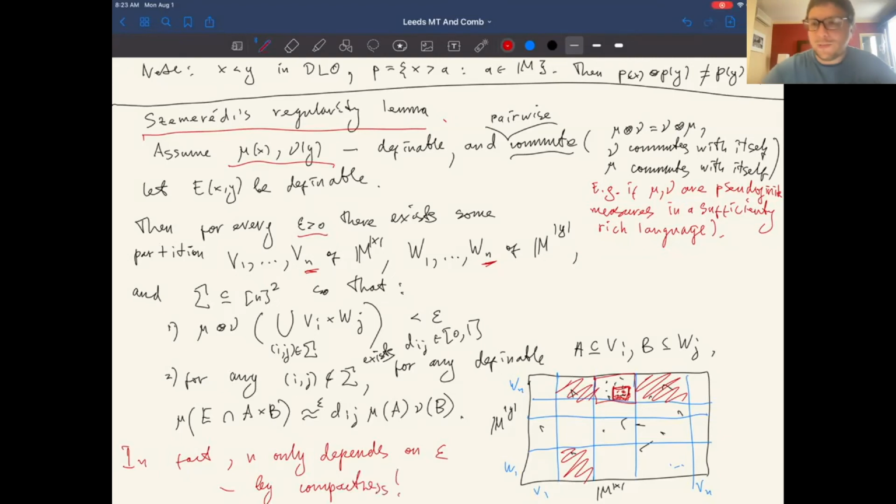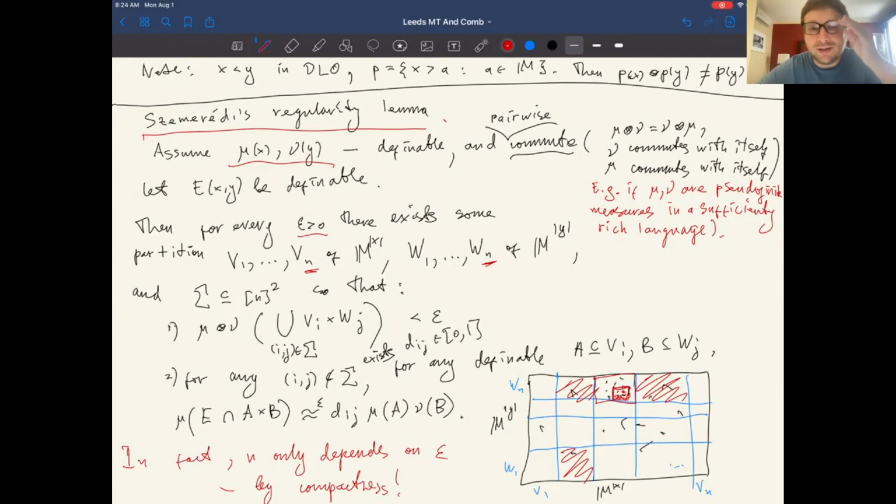And this follows by compactness, because if it was not the case, we could find a sequence of graphs and measures which would indicate that we need larger and larger n in order to achieve this result. But then we could take the ultraproduct of those counterexamples, which would still be an object to which the theorem applies.